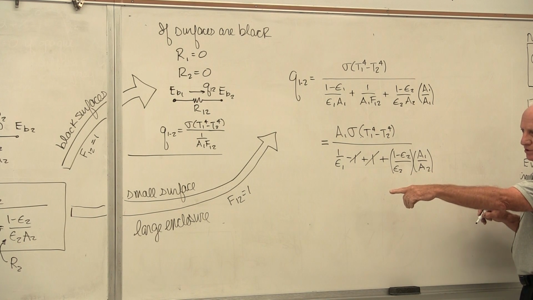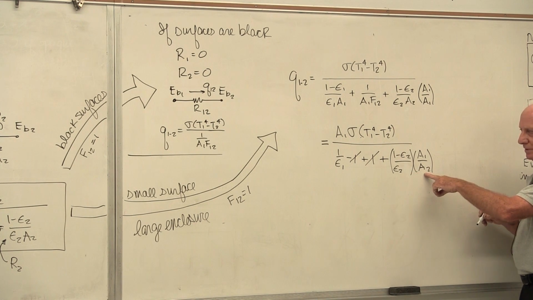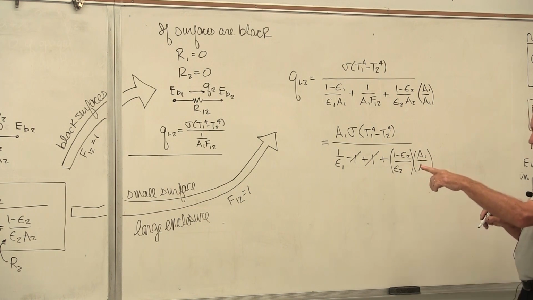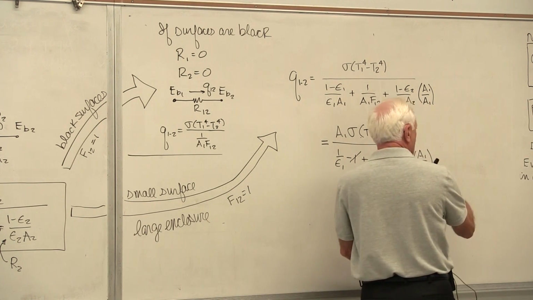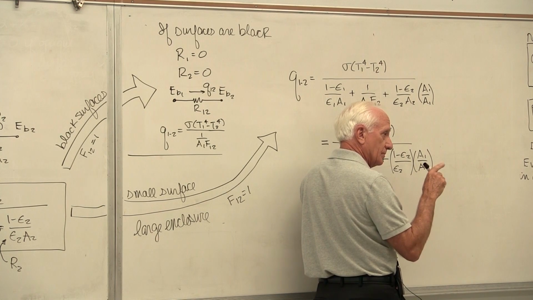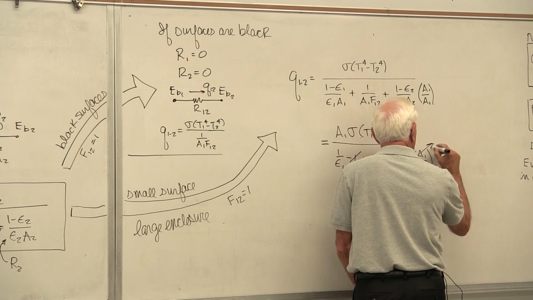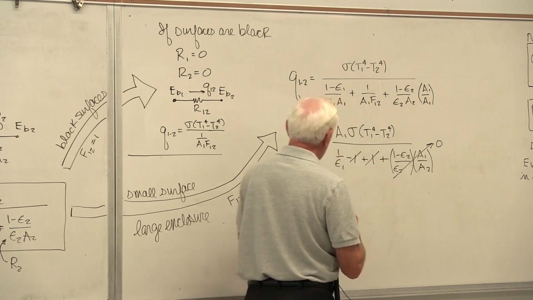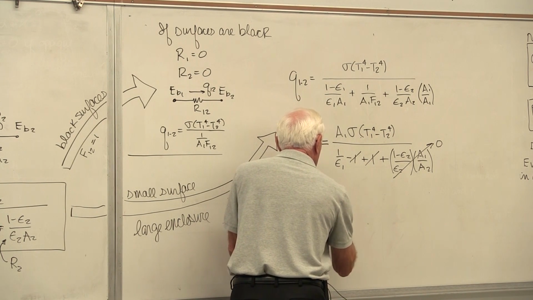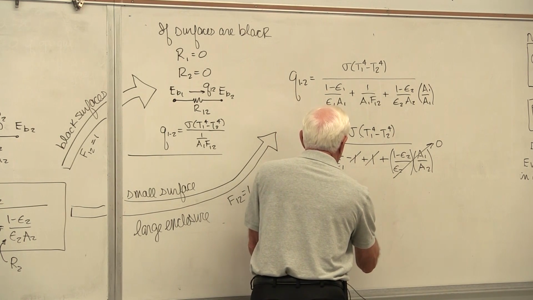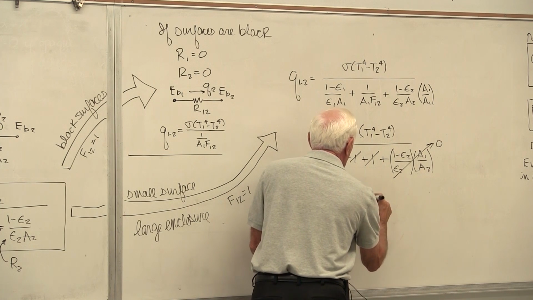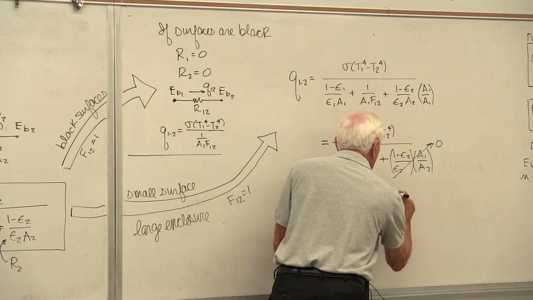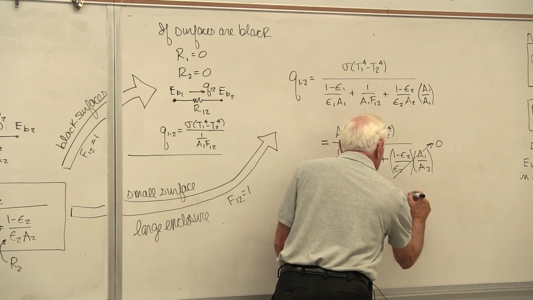A large enclosure means A2 is much larger than A1. Conclusion: if they're much, much larger, the ratio A1 over A2 goes to 0. Goodbye. Q12 equals epsilon 1 A1 sigma (T1 to the 4th minus T2 to the 4th).